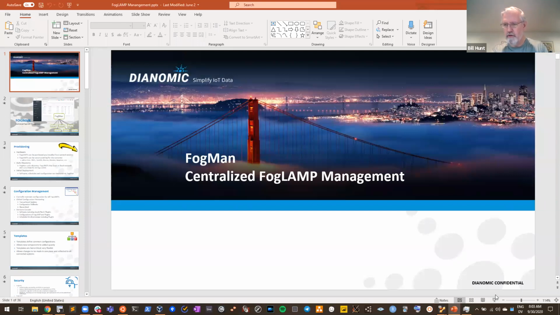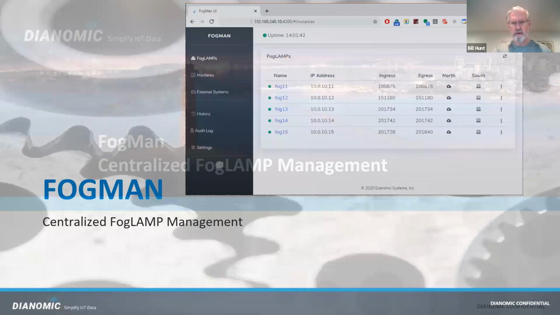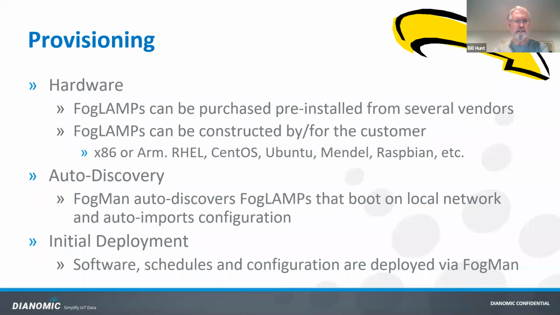I'm sure you're all already familiar with that, but FogLAMP is our IoT framework solution for bringing data in from anywhere, sending it to anywhere, and doing management on the edge, especially transformations on the edge and events on the edge, from things as simple as detecting anomalies like if a temperature gets too high to running ML models out on the edge to detect various things. So FogMAN is our centralized management solution for FogLAMP.